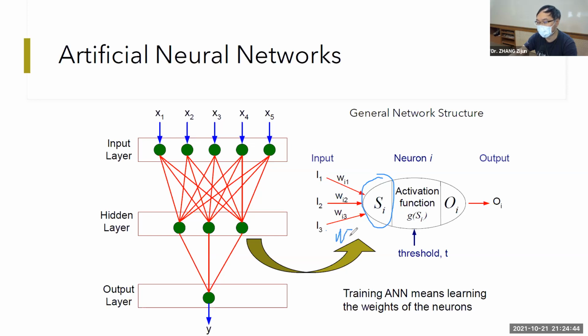For example, this summation of W_i X_i from i equal to 1 to 3 as S_i, okay? And then the S_i will be fed into an activation function G. This activation function has different choices. In a 3-layer perceptron, it mostly utilizes sigmoid.